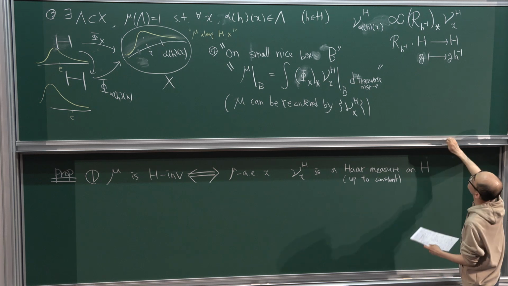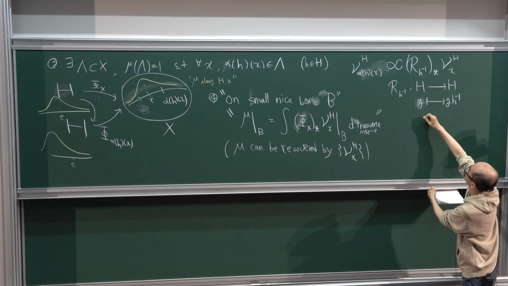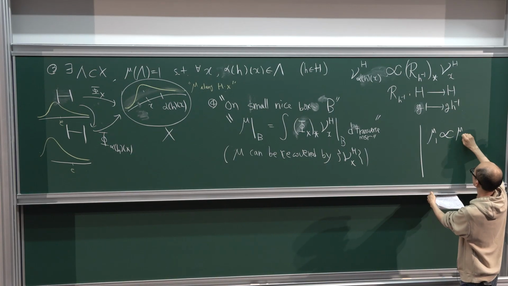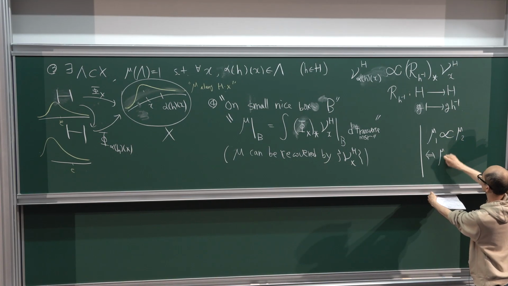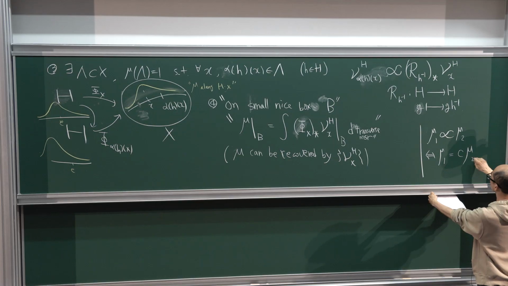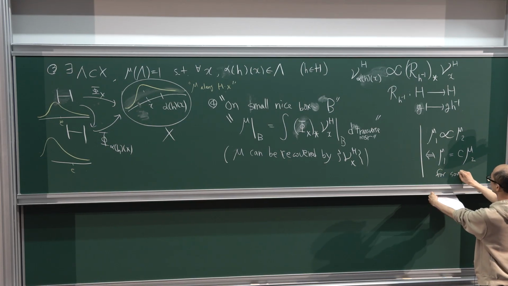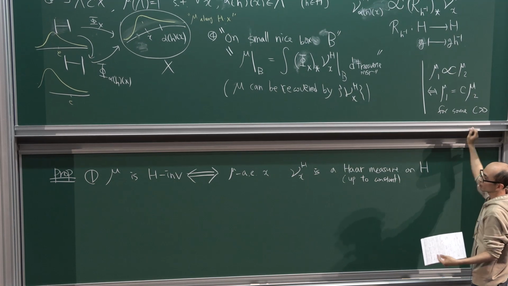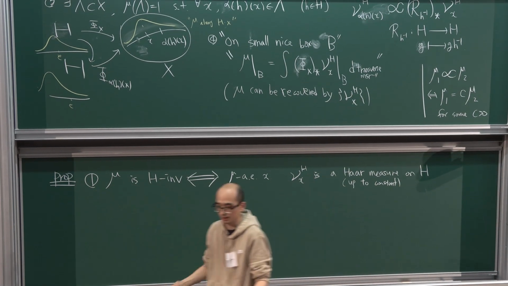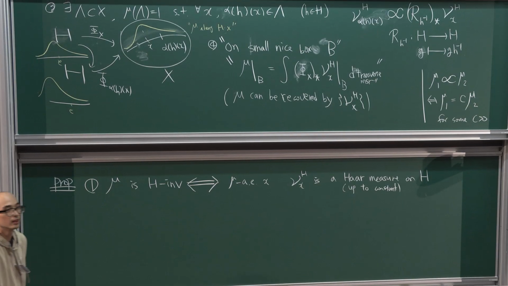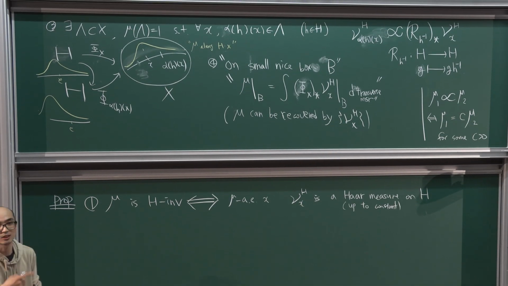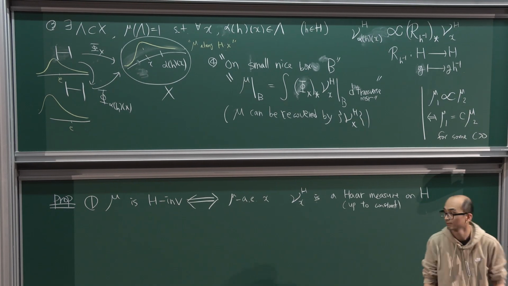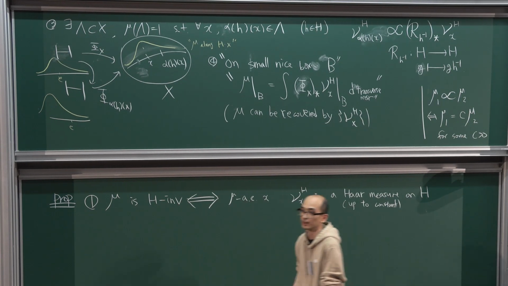I did not mention what proportional really means. Here, mu1 and mu2 are proportional if and only if mu1 is basically a constant times mu2 for some positive number. So this says that there is no natural Haar measure because Haar measure is an infinite measure on the group. You can always multiply by a constant. But up to that constant, your measure is Haar measure if and only if your measure is H invariant.